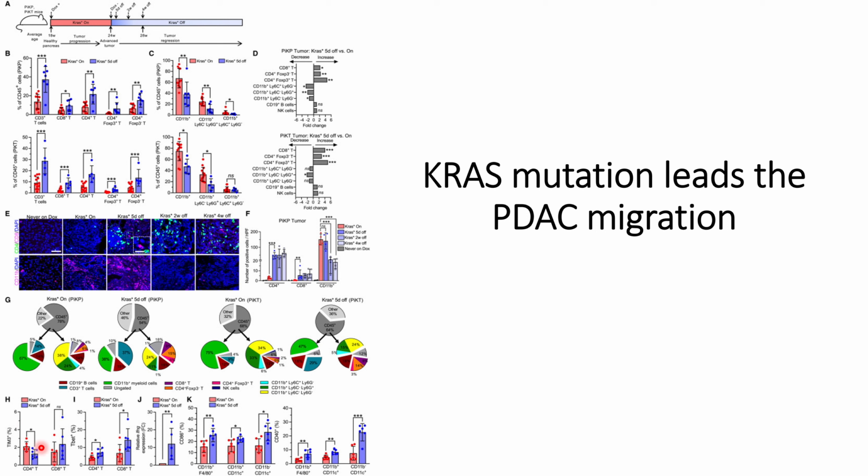And panel HIJK is just the quantification of the compositions that are presented in panel G with the help of flow cytometry. In this case we can see that CD4 plus cells are high when the KRAS is on, whereas the CD8 plus cells are high when the KRAS is off.